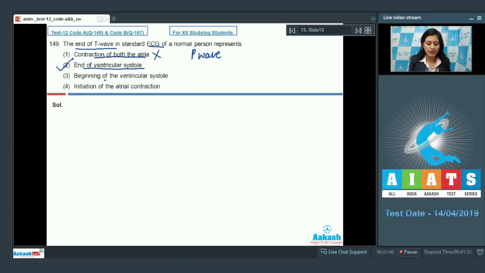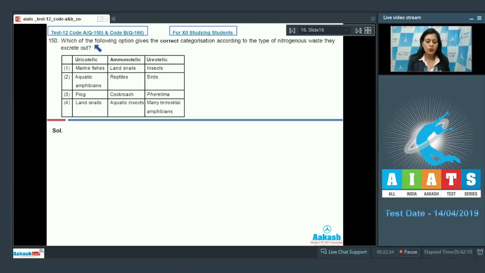The next options, beginning of the ventricular systole as well as initiation of the atrial contraction, cannot be the correct answer because QRS complex represents the depolarization of the ventricles, which initiates the ventricular contraction or ventricular systole, and T wave represents end of ventricular systole. So beginning of ventricular systole is an incorrect option and initiation of atrial systole is an incorrect option. And the correct answer to this question is option number 2. Let's discuss our next question.